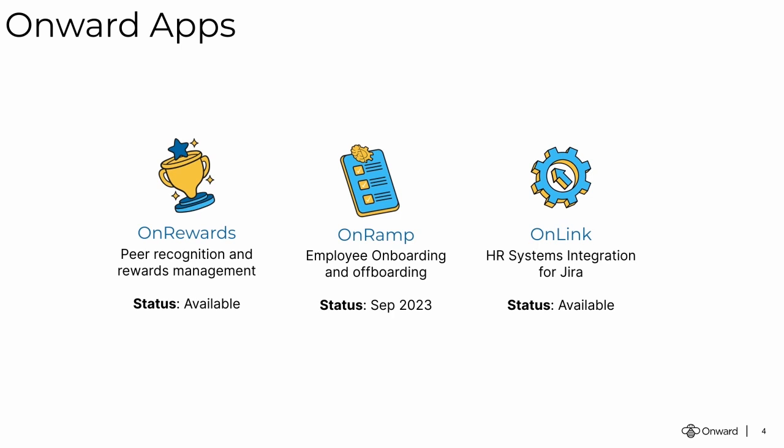Onramp, employee onboarding and offboarding solution. This is currently under development and we hope to have the MVP release by next month. OnLink, this is a plugin connector for common HR systems like Workday, BambooHR and Greenhouse. This application is also available in the Atlassian marketplace.